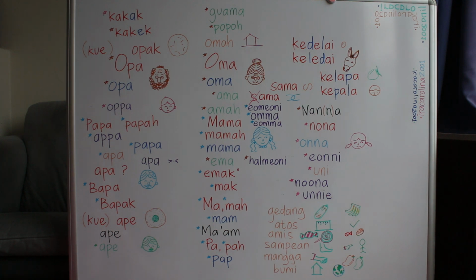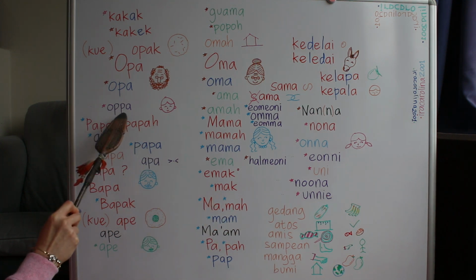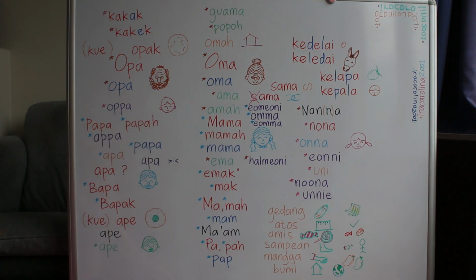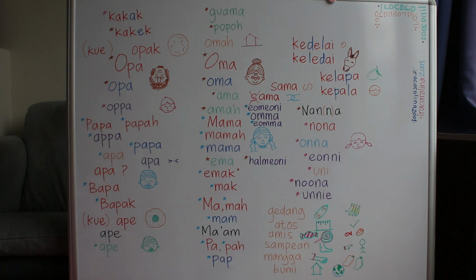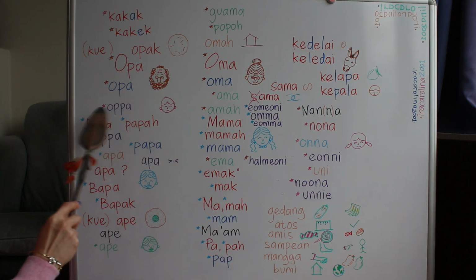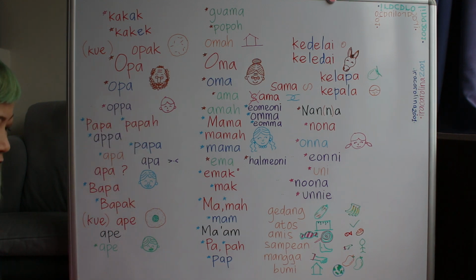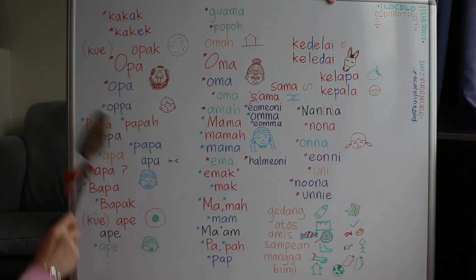But in Korea, opa is brother or older brother. If you are female and you call a person who is old enough to be your older brother, you call him opa, or you call your older brother opa.